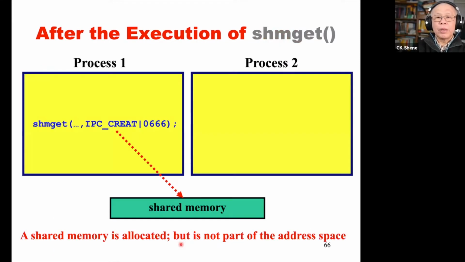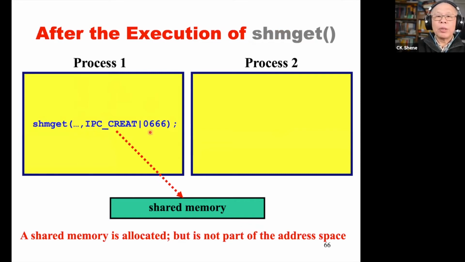Now here's an example. Suppose I have 2 processes. Process 1 tries to create a shared memory for process 2 to use, and this shared memory will be shared between process 1 and process 2. Therefore, process 1 generates a key and specifies the size.